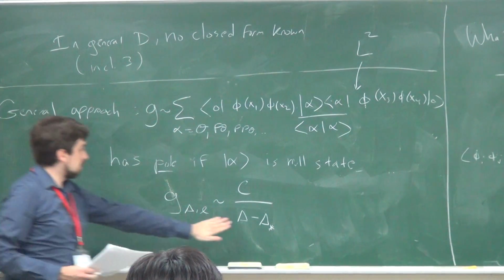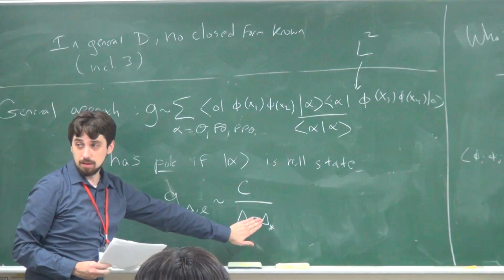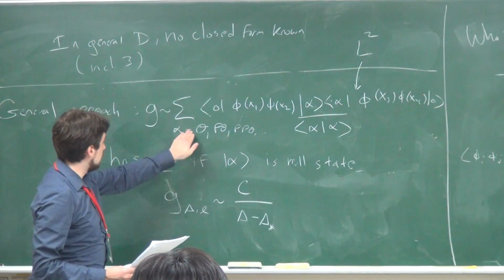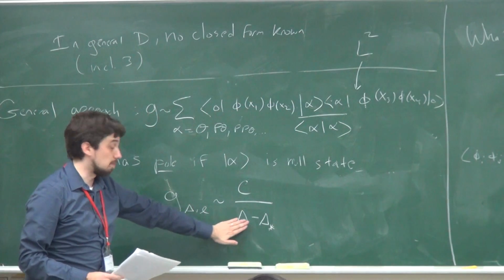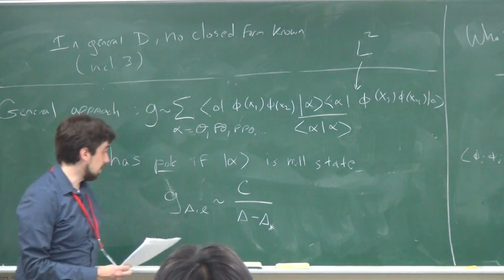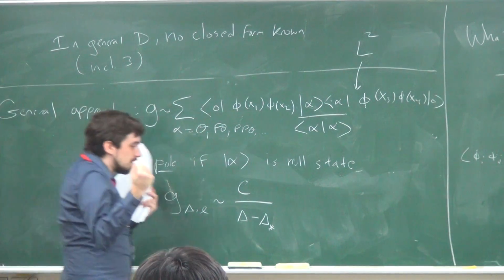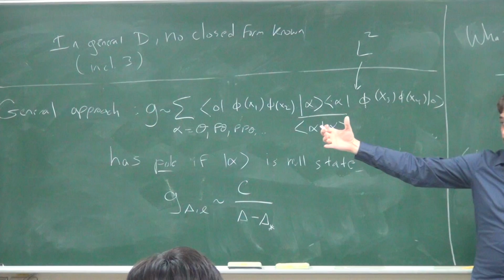Okay, this delta star is the dimension. Remember, delta is the dimension of the primary operator. So we're saying that if delta takes a value such that it has a descendant which is a null state, then you expect a pole like this. And further, because if there's some descendant which is a null state, all of its descendants are also null states.